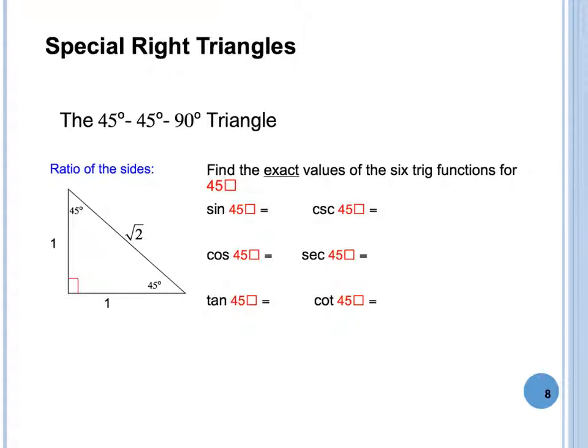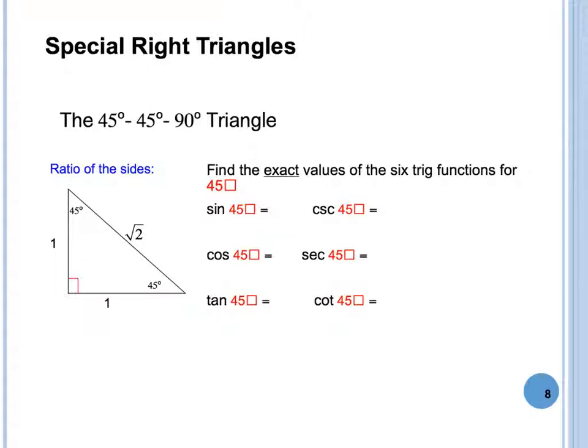I made our calculations a little bit different so that the length of the legs that were the same is now 1, and then we could find the hypotenuse using the Pythagorean theorem, which might be a pain when we're going through some of these trig functions. So let's see what happens.